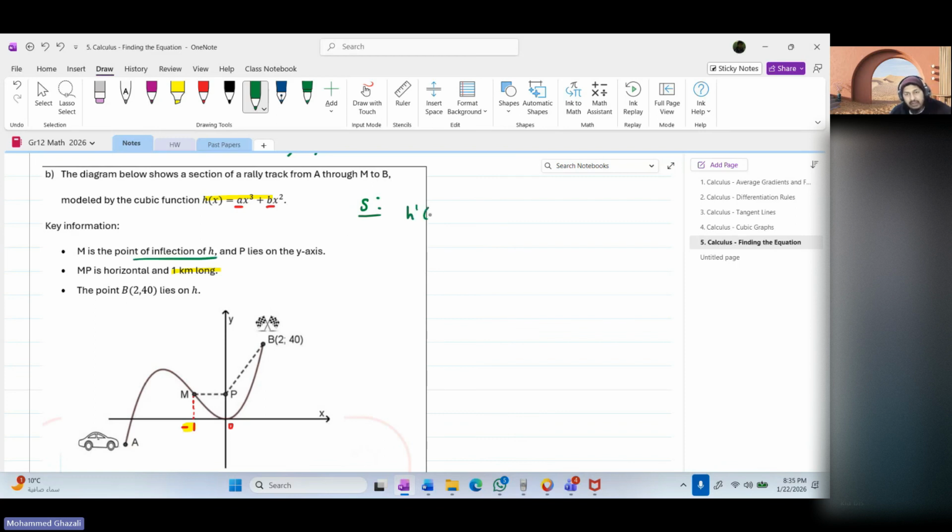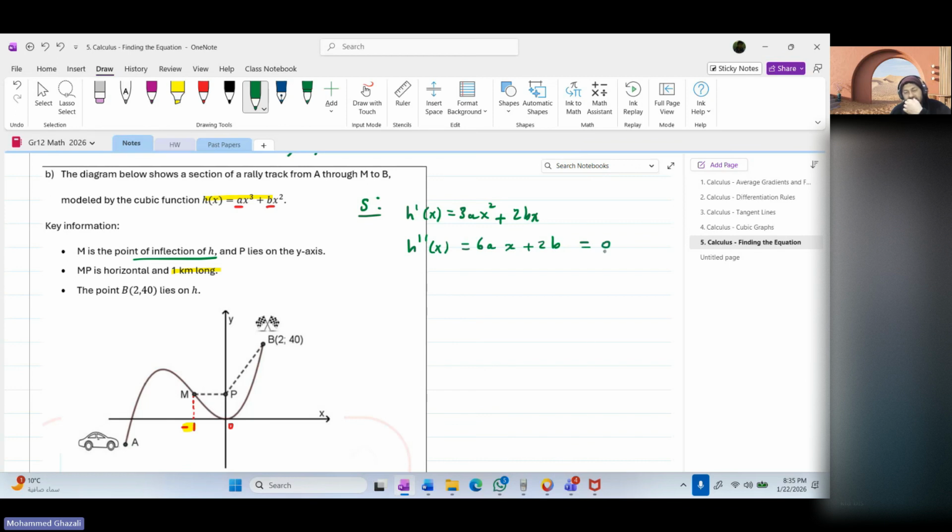So what is h prime x? h prime x is equal to 3ax squared, you have to differentiate what you have. So 3 times a is 3a x squared plus 2b x. What is h double prime x? h double prime x is now equal to 2 times 3a, which is 6a x plus 2b.